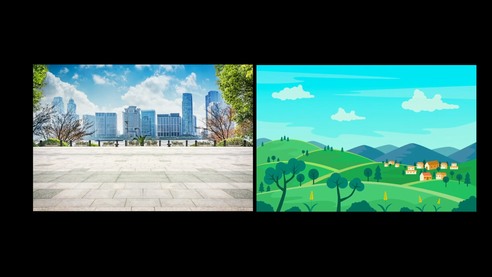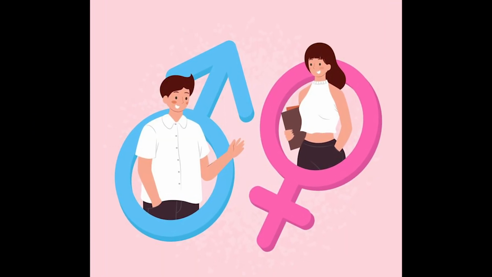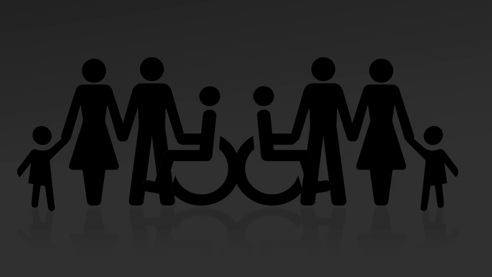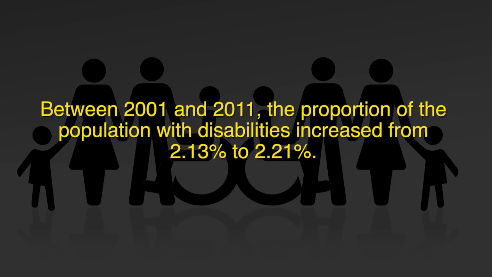During 2001 to 2011, there has been an increase in the number of disabled persons, and this is observed in both urban as well as rural areas, and also in the male and female population. The share of disabled persons in total population has increased for both male and female population. Between 2001 and 2011, the proportion of population with disabilities increased from 2.13% to 2.21%.